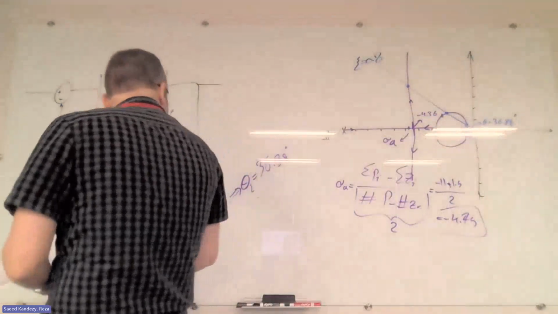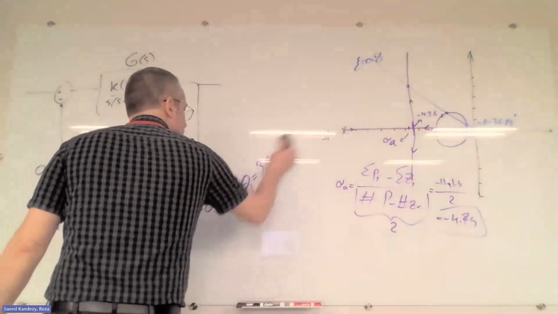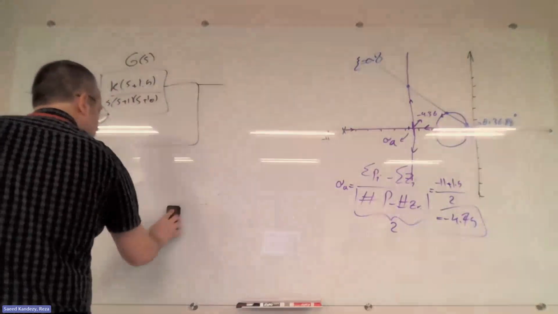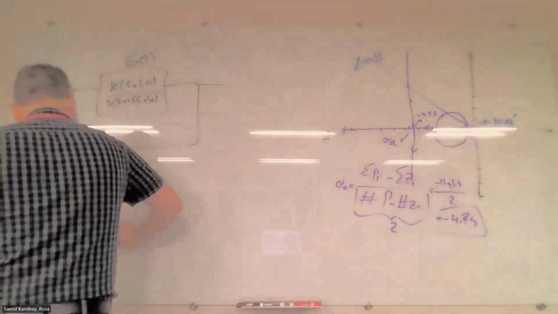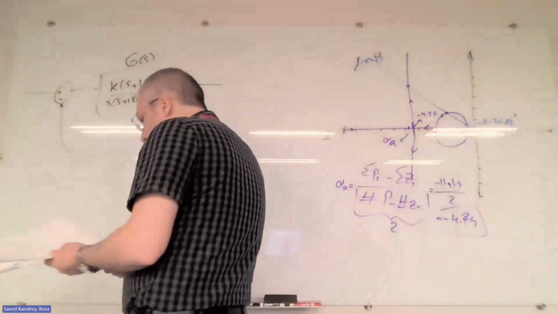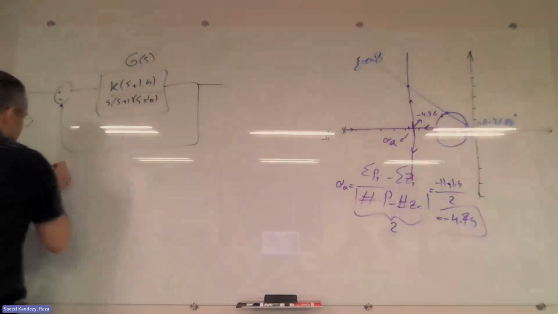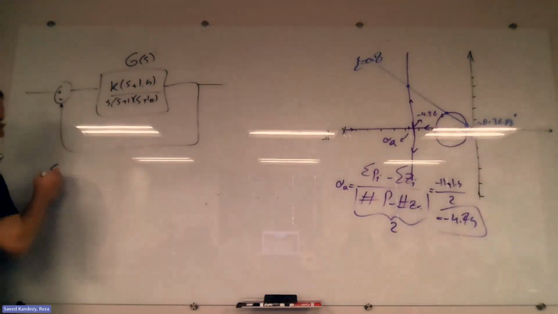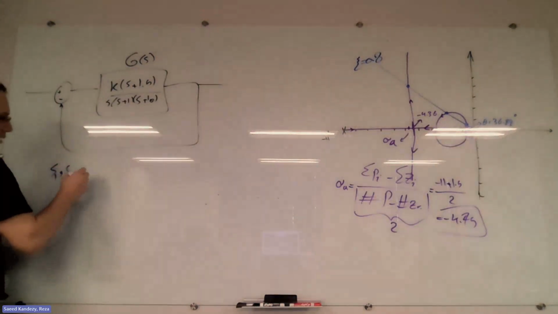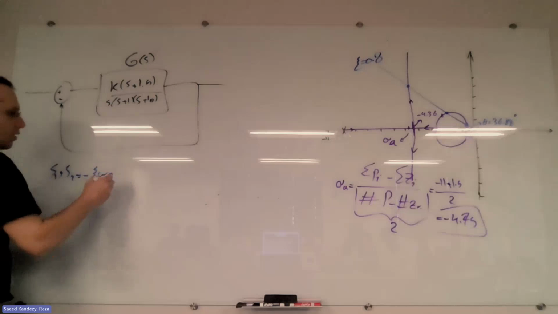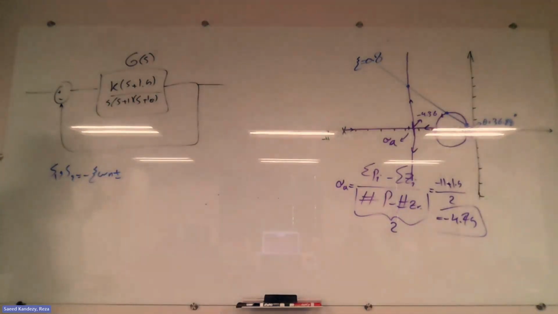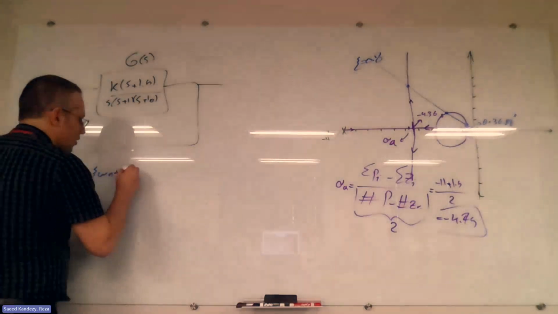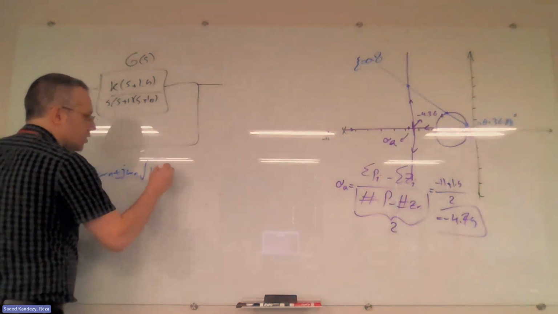Now, if we consider a second order system instead of the third order system, we already know that the poles of that second order system are going to be minus psi omega n plus or minus j omega n square root of 1 minus psi squared, since we have an overshoot, which means it is underdamped because we have oscillation.